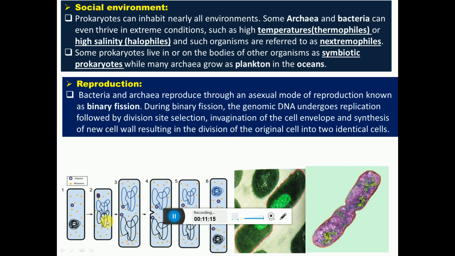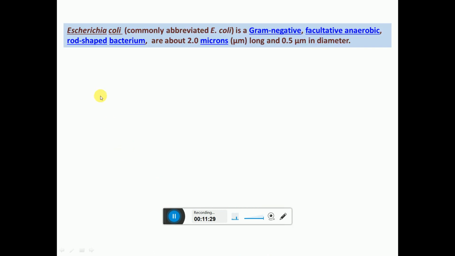In the figure, a single circular DNA replicates, shown in two colors. Then a depression occurs and two cells are formed. In this way, reproduction takes place in bacteria. So this is about the bacteria.